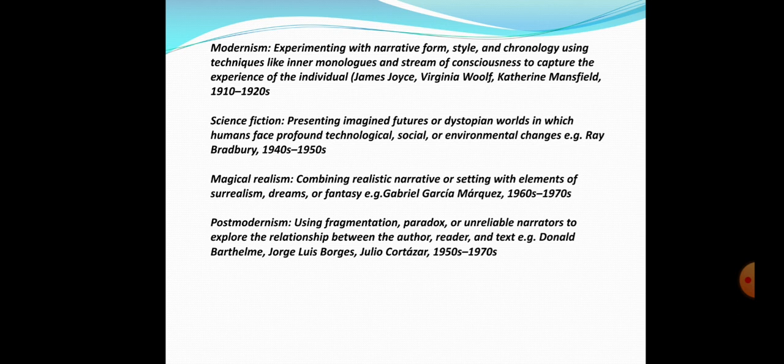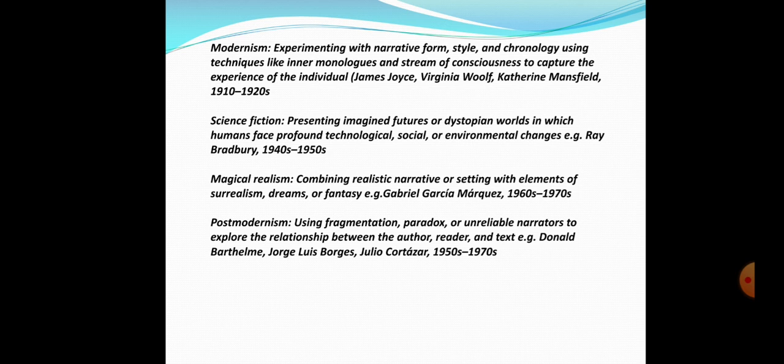So, here the action develops internally in the psyche of the characters, and the writers of this kind of stories include James Joyce, Virginia Woolf, and Katherine Mansfield, and the period in which they wrote is from 1910 to 1920s.